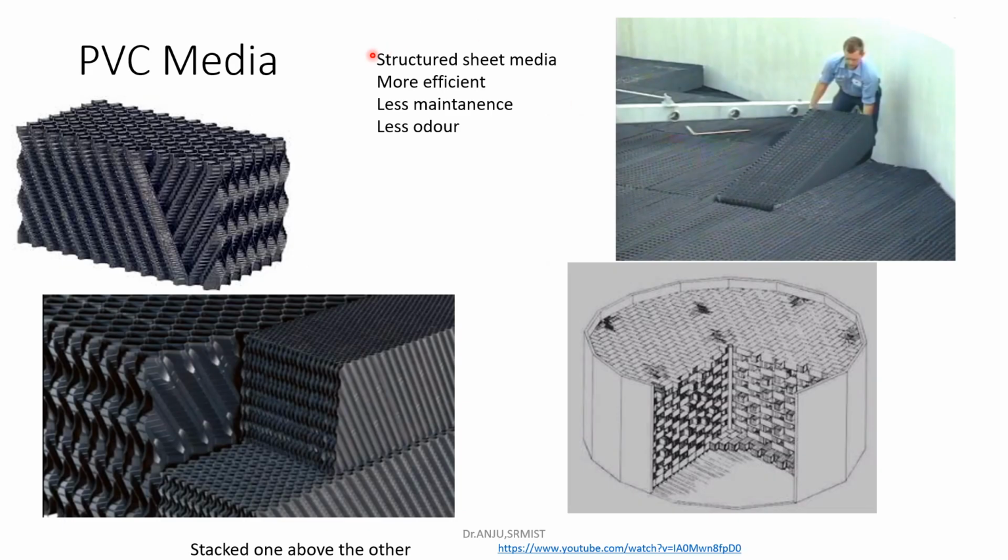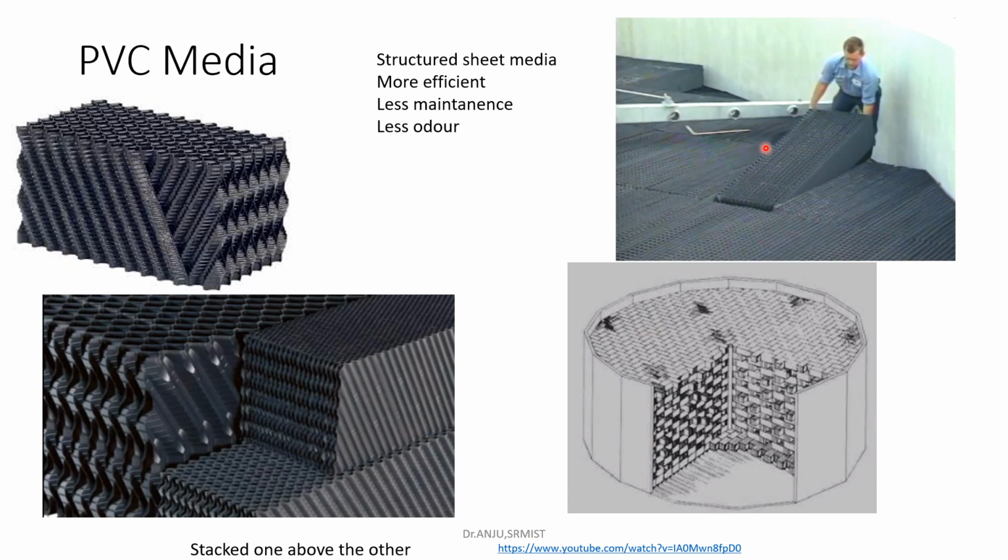The synthetic material which is currently being used in sewage treatment plants is usually PVC media or polypropylene media.